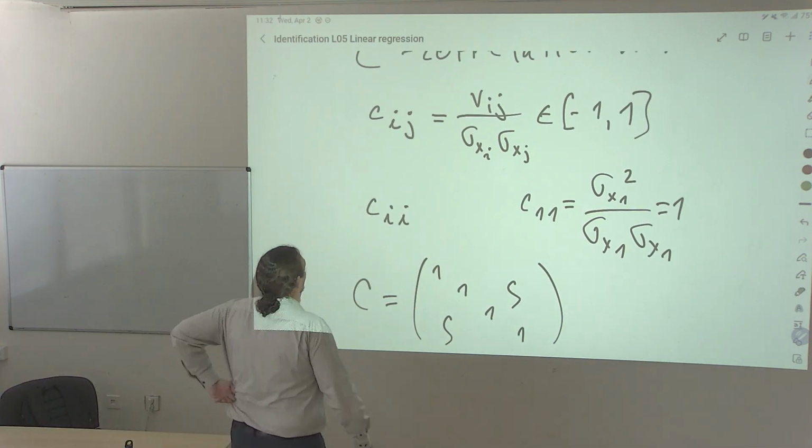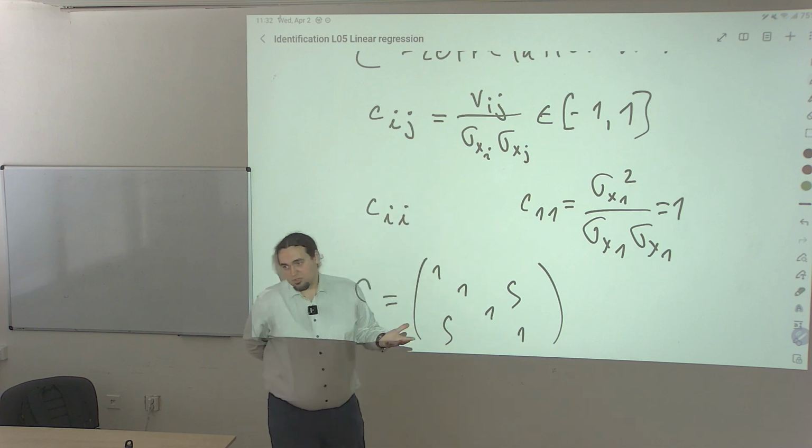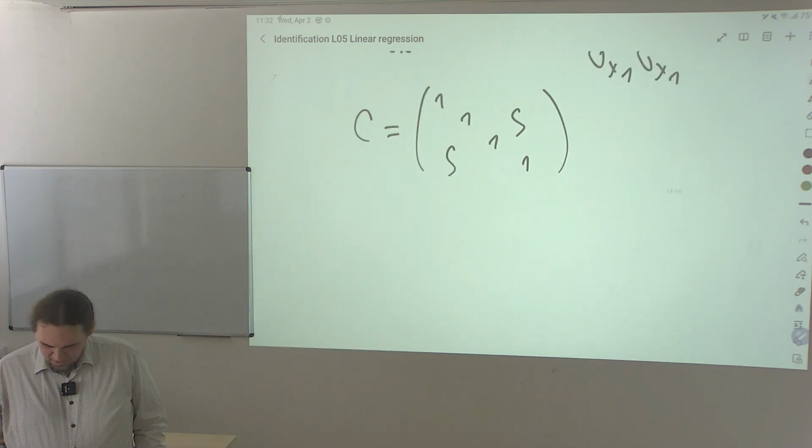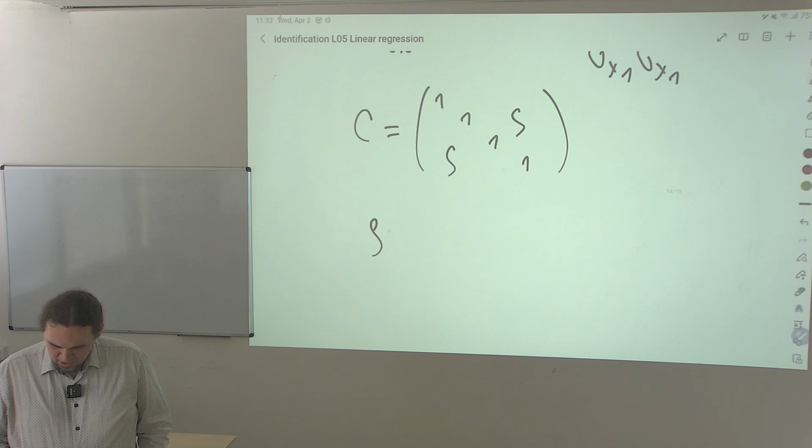These off-diagonal elements Cij will turn into something that has a special name, the so-called correlation coefficient.